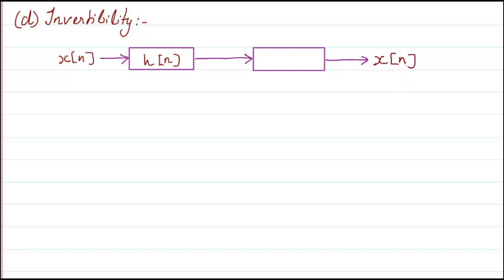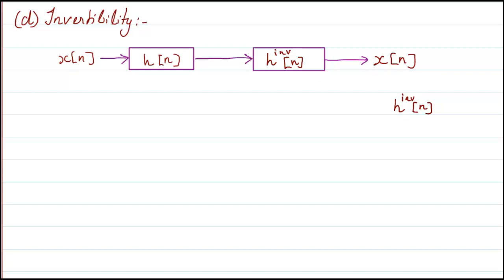If that is the case, then this system will be called the inverse of the original system h of n. So I will write it as h superscript invert, h invert of n. That means it is the inverse of the invertible system h of n.